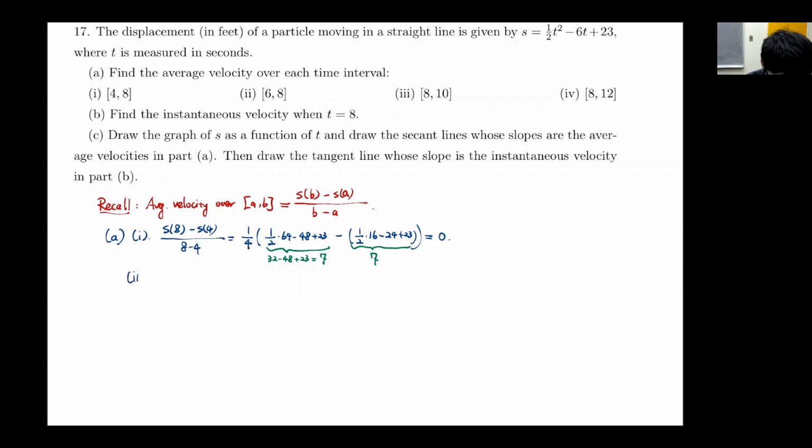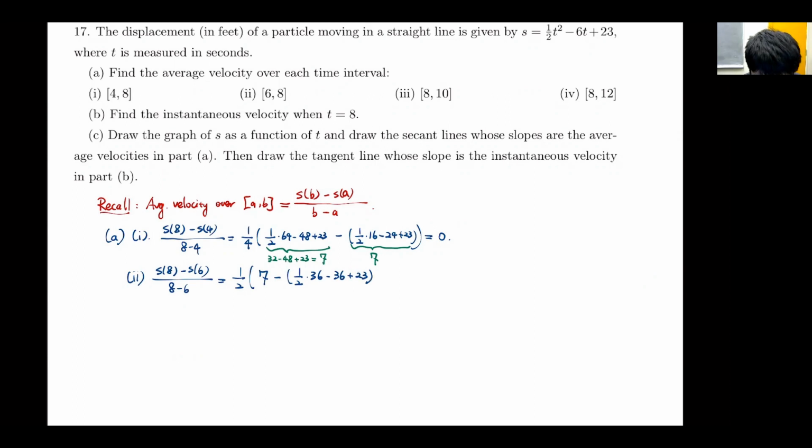For part 2, we need to figure out s(8) minus s(6) divided by 8 minus 6. The denominator is 2, so this contributes the 1/2 factor in front. We computed s(8) in the previous step, namely 7, and we just need to compute s(6). This is 1/2 times 36 minus 6 times 6, that is 36, plus 23.